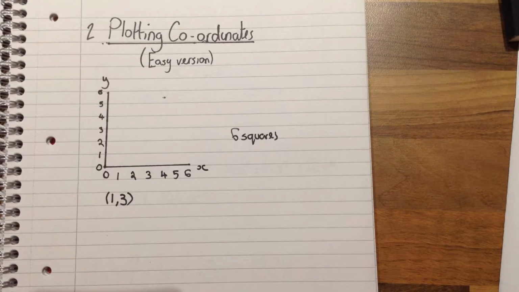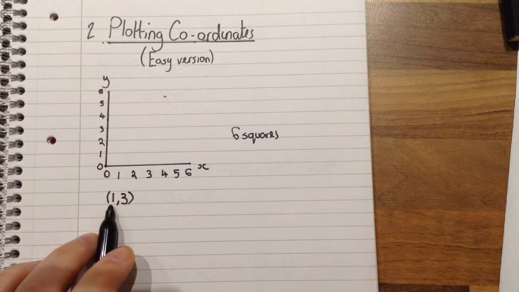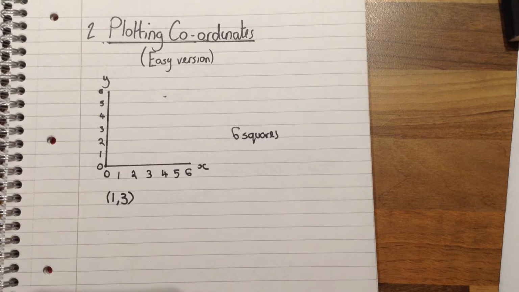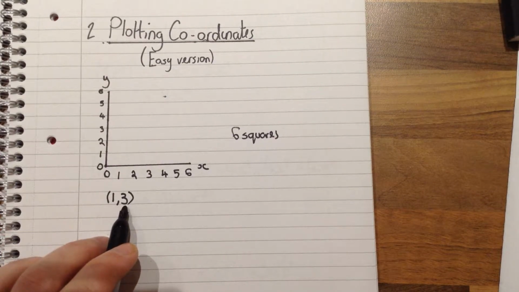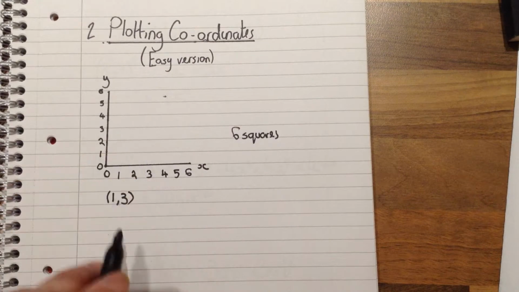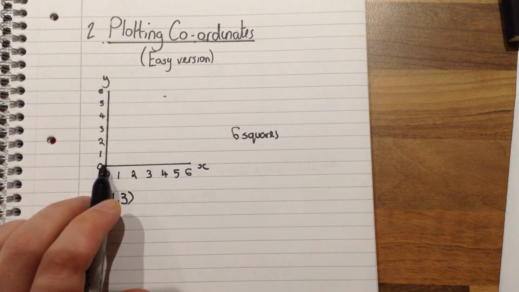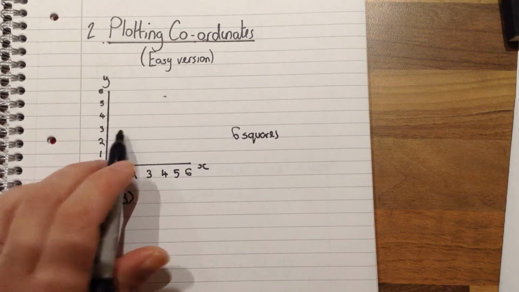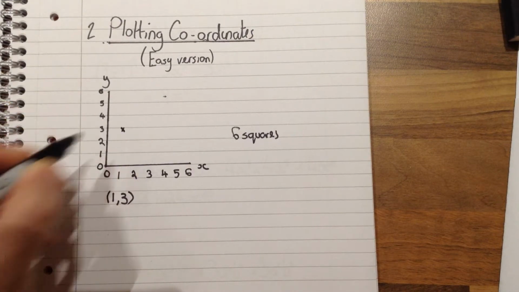So to plot the coordinate (1, 3), the first number always tells us how far along we go. The second number tells us how far up we go. So here (1, 3), we go along to 1, up 3, and a neat little cross.